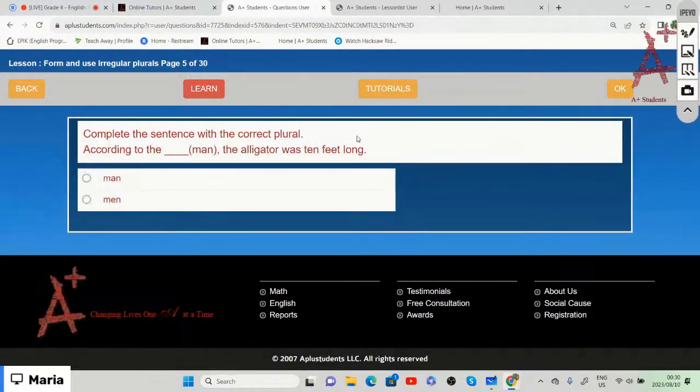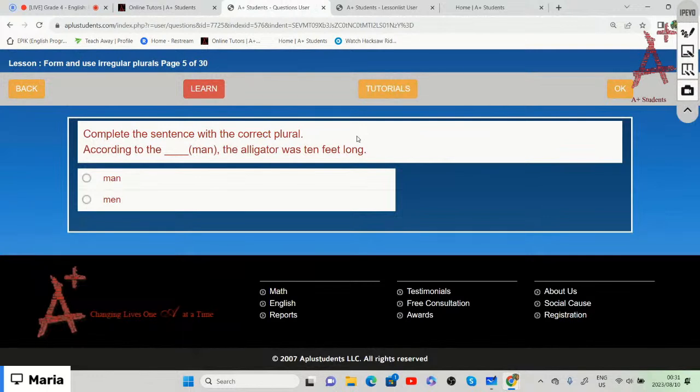All right. And then according to the man. So we need to change the word man. The alligator was 10 feet long. So man. What is the plural form of man? Is it man or is it the second option, which is men? Man or men.